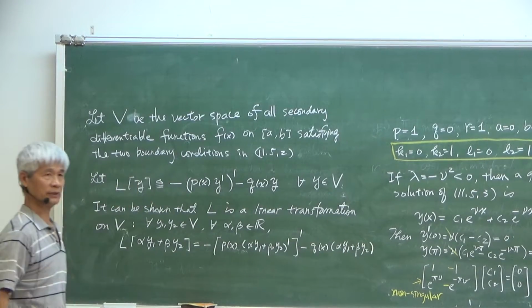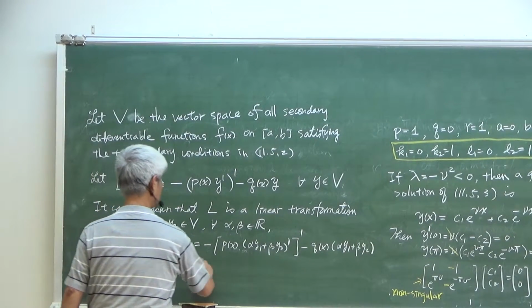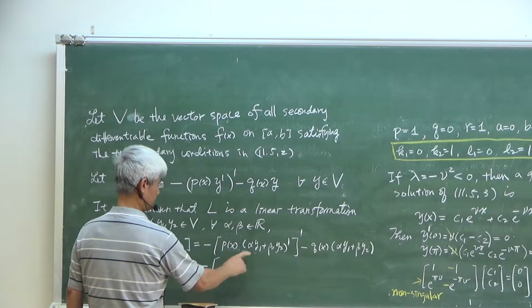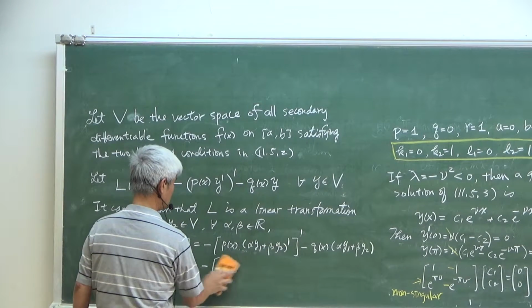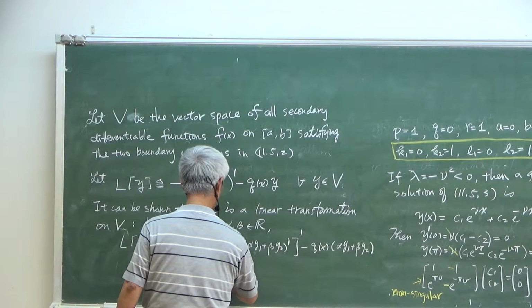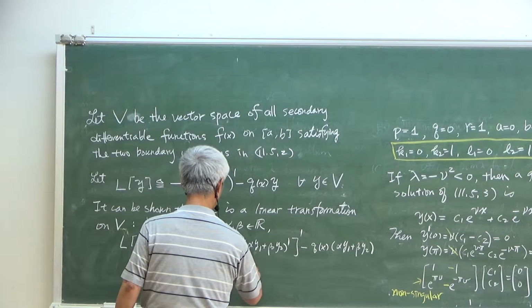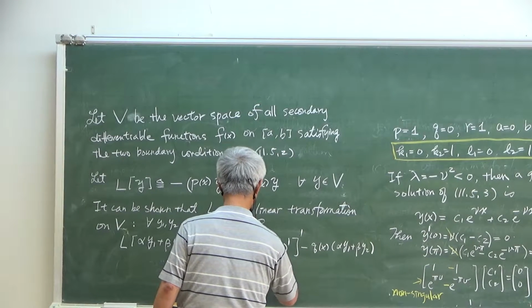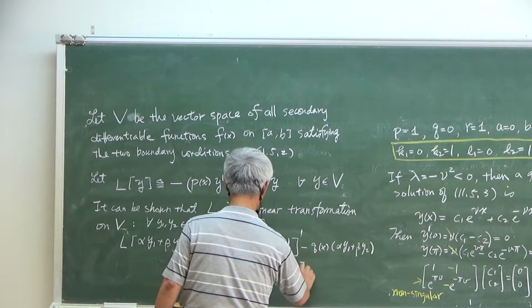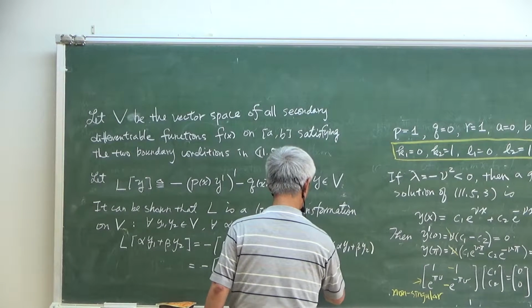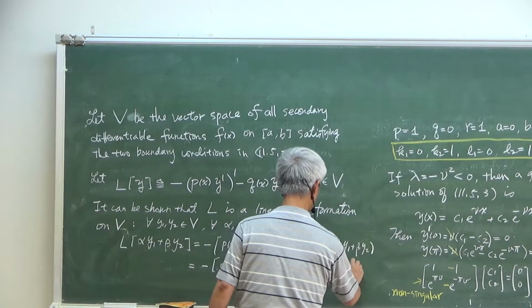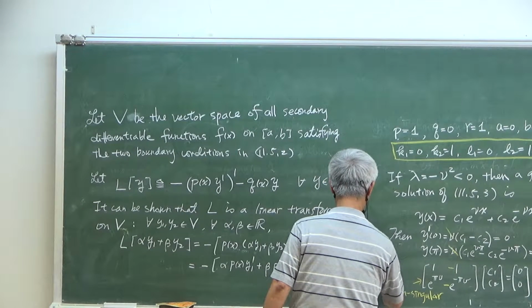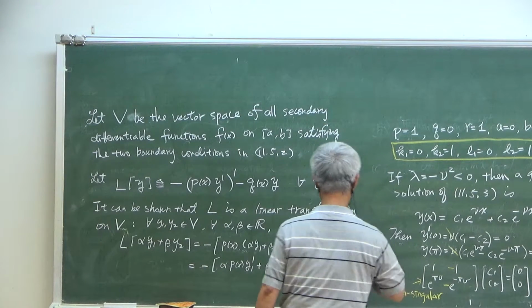Because the derivative is linear, we have alpha p of x y1 prime plus beta p of x y2 prime, and the derivative of that, and minus alpha q of x y1 minus beta q of x y2.